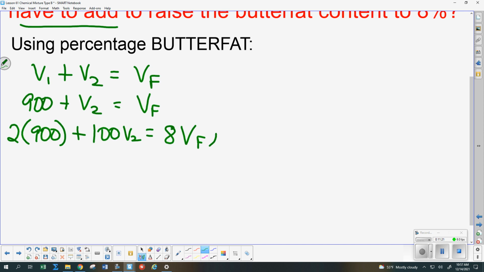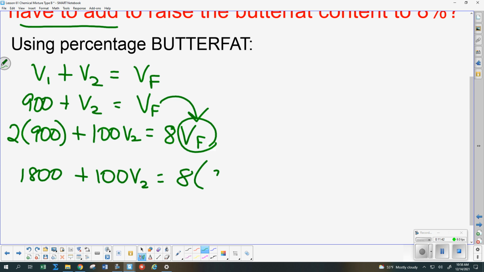So what's a little bit different now is this substitution is going to be over here. We just did that on the type B problem, but your type A practice problems have mostly been, you know what VF is. So now this just becomes 1800 plus 100 V2 is 8 times 900 plus V2.